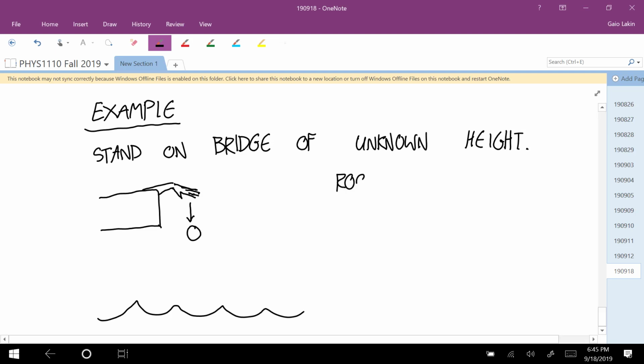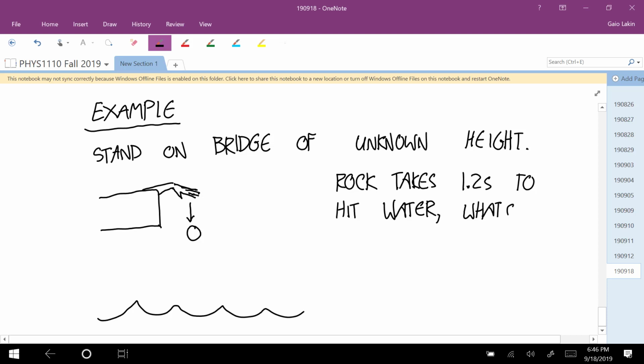If the rock takes 1.2 seconds to hit the water, what's the height?